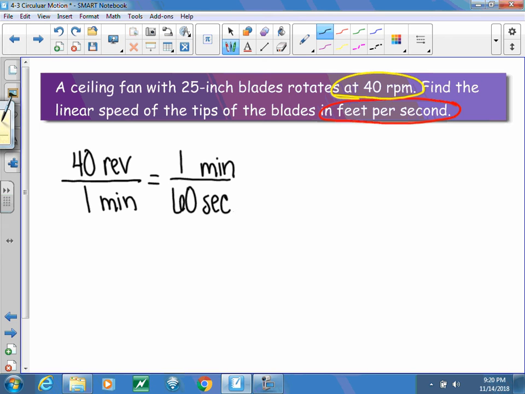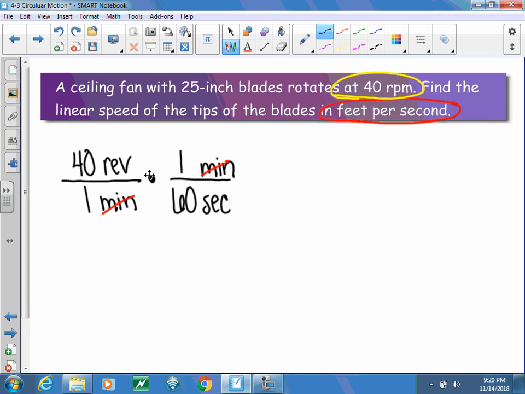Oops, sorry, I didn't need to put an equal sign here. This should be just a multiplication sign. So the minutes are going to cancel out, and when I move this across, I get 40 over 60 revolutions per second. So I've got the second part.